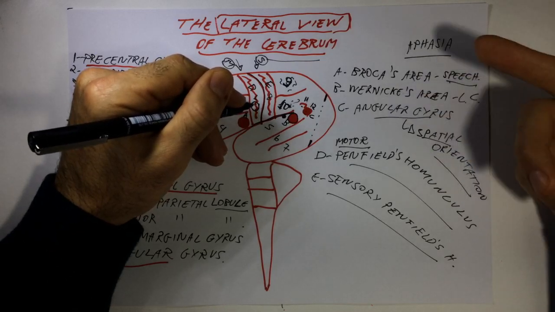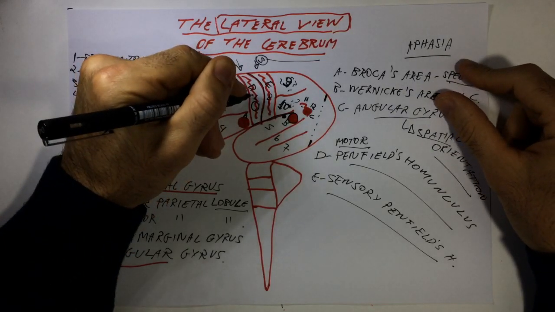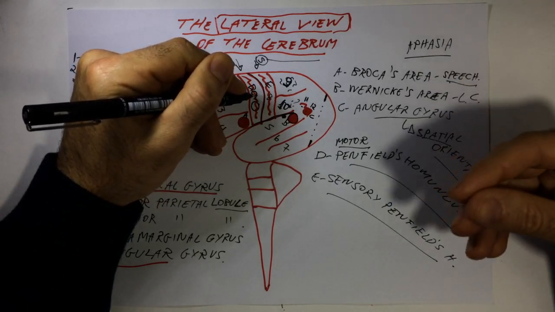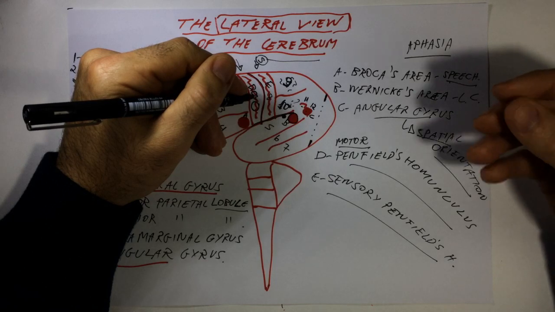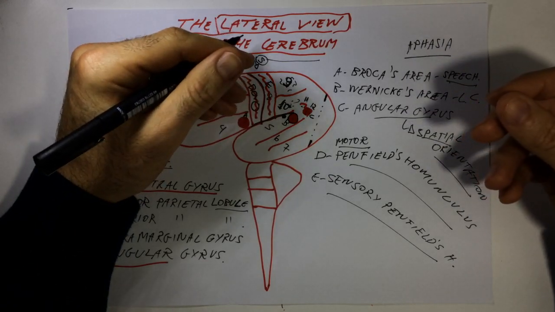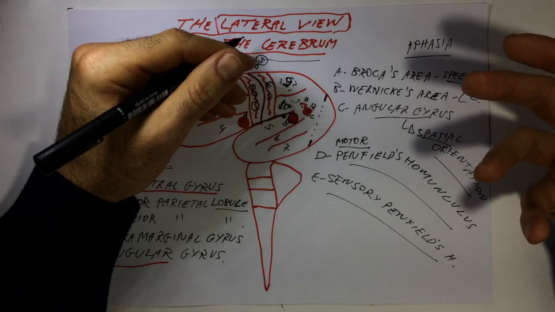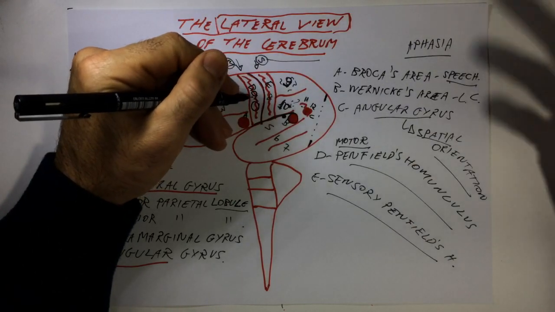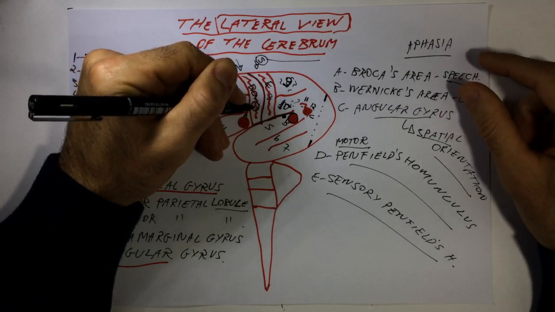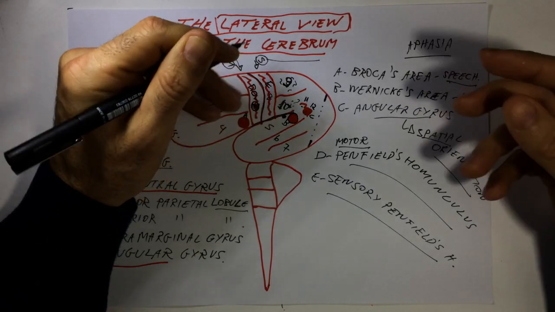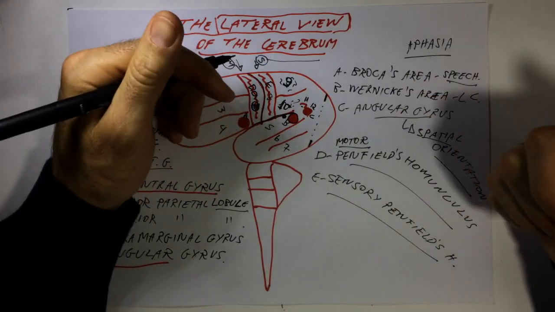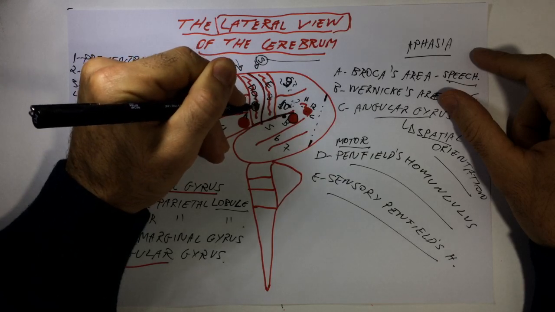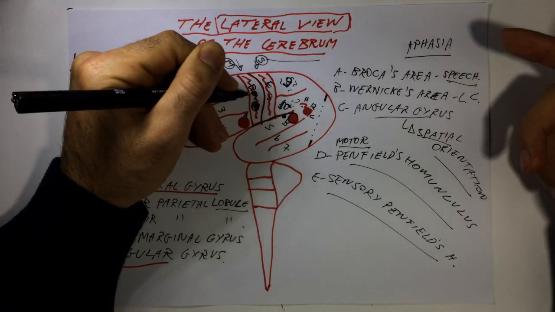That is actually way bigger than the area here that is responsible for moving our back. Because if we take evolution, the hands developed an importance way higher than, for example, your back. So we need more neurons in order to control the hands, especially the fingers, especially the thumb. That's why we have more neurons in the cortex to control this part of the body.